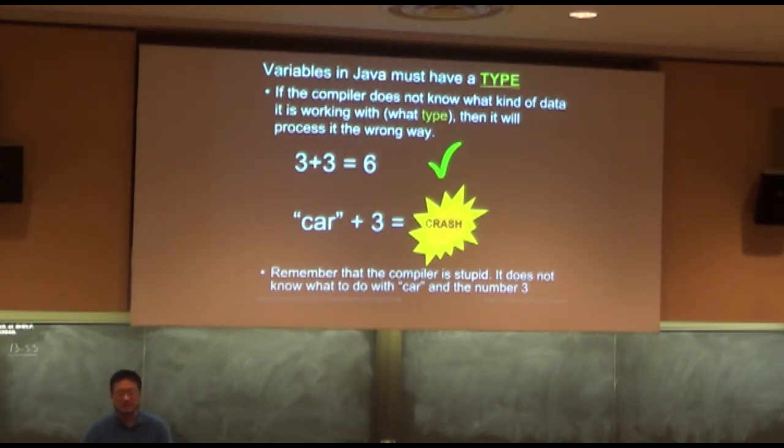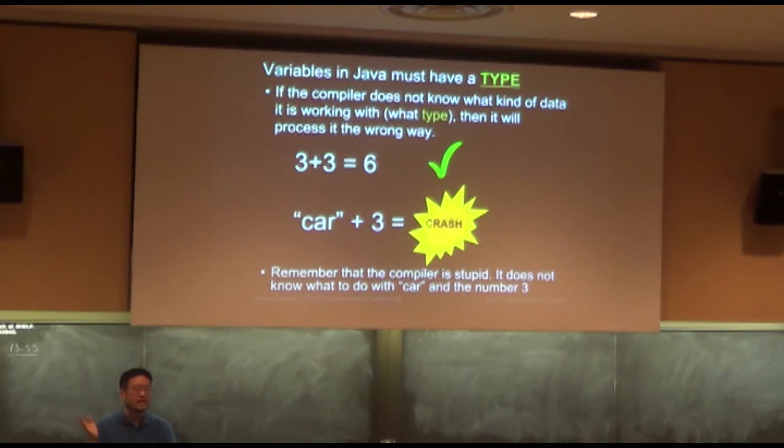And that's really useful. Having typed languages is really useful because it helps us avoid mistakes that might be really difficult to dig out. If you have a really long piece of code with hundreds of different variables in it and lots of different arithmetic operations, if at some point some variable that ends up holding a string like car and some other variable that ends up holding a number like 3 get added together, it'd be great if Java just said, hey, on that line, you're adding two things that are of different types, and that can't happen, that's weird.